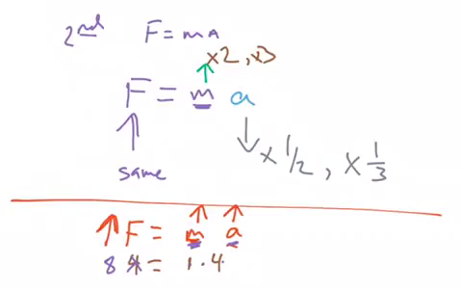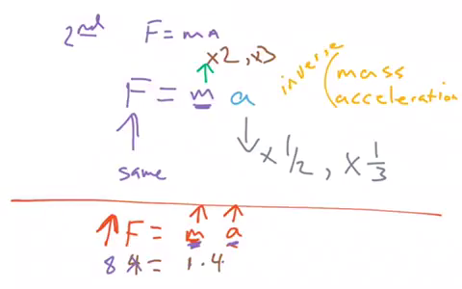So what we say is that the relationship between mass and acceleration is what's called an inverse relationship.